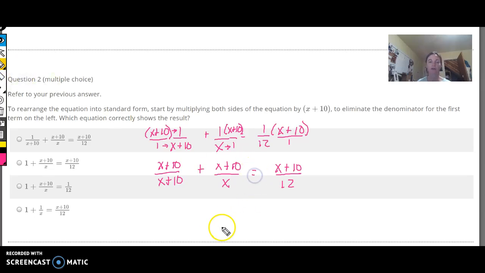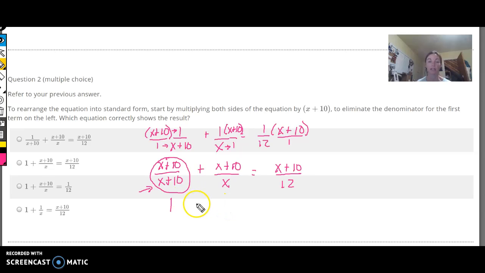Okay, so the only thing that I still need to simplify is this. X plus 10 over x plus 10, regardless of what x is, let's say x was 1, then we'd have 11 over 11. Or if x was negative 1, we'd have 9 over 9. So regardless of what x is, this will always simplify to 1.